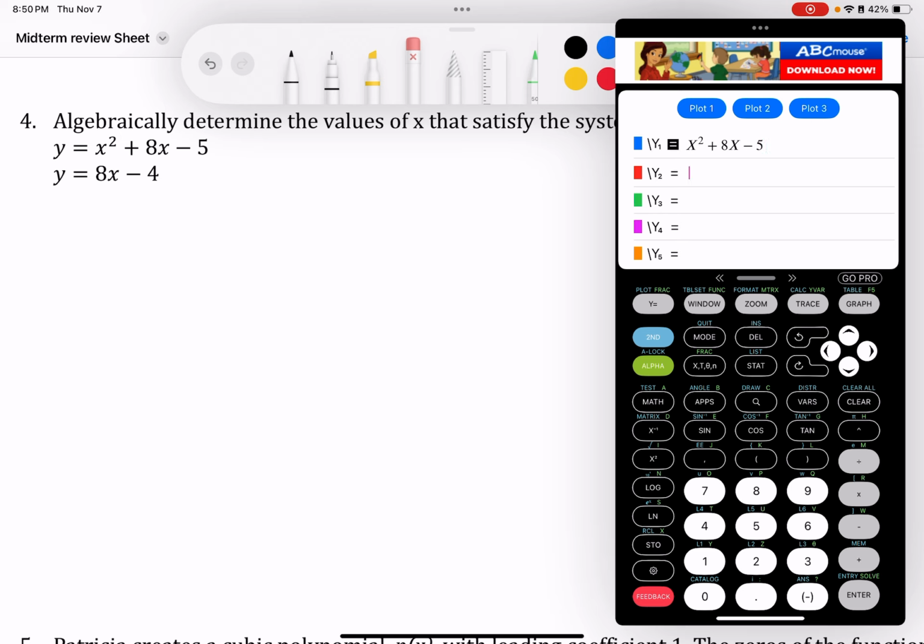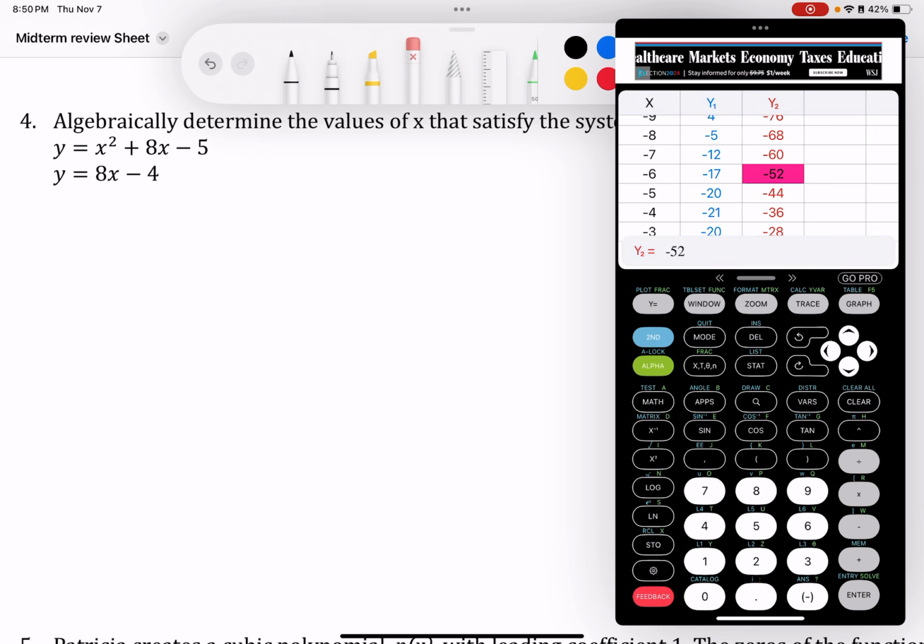Then the other one is going to be 8x minus 4. Let's hit second and graph. Let's look at the table and see where they intersect with each other.